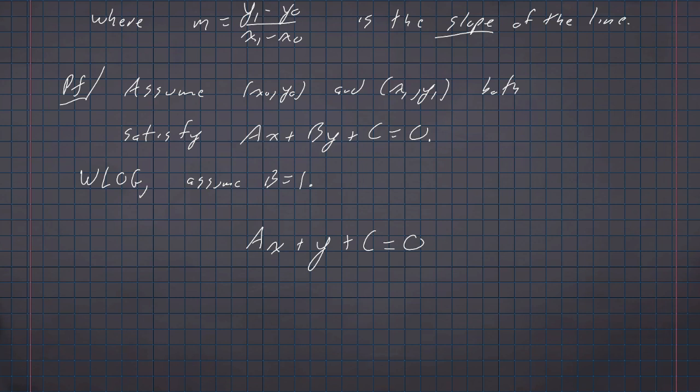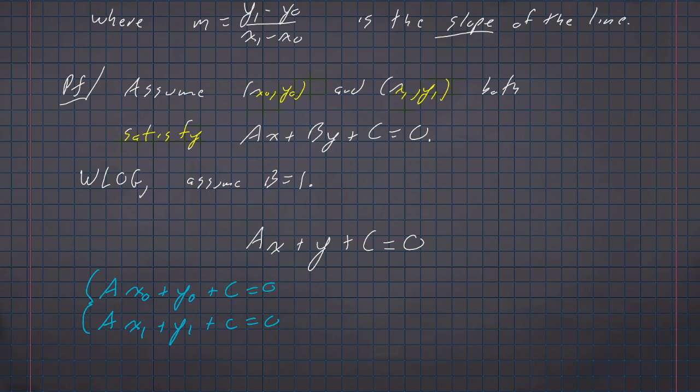Now that I have that, because these 2 points both satisfy the equation, that means I can plug each of those points into the equation in turn. a x naught plus y naught plus c is equal to 0, and a x1 plus y1 plus c is equal to 0.